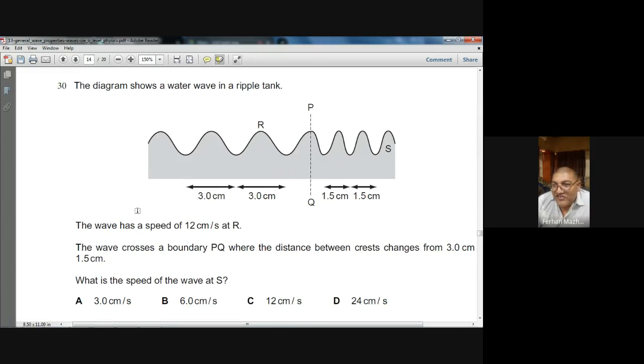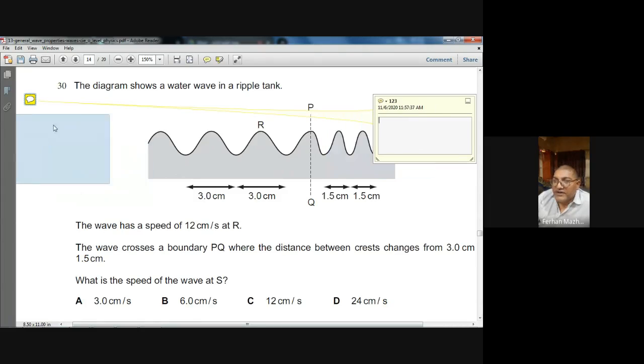The wavelength has changed. What is the speed of the wave at S? Very simple. We have already done a question like this in a previous question. Let me bring it here.